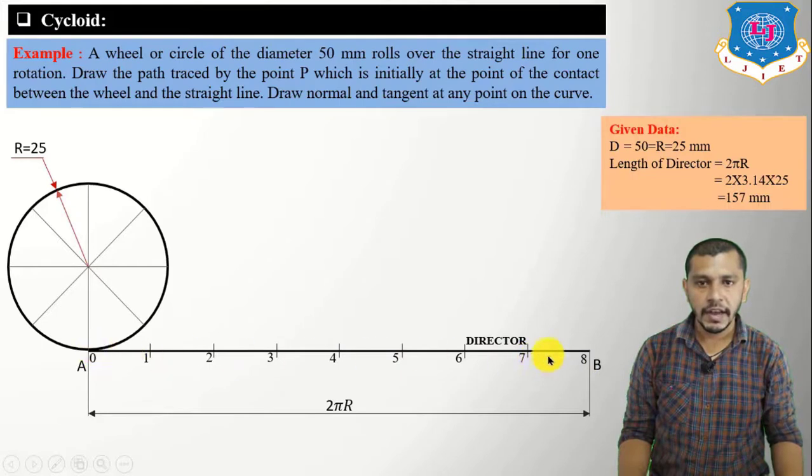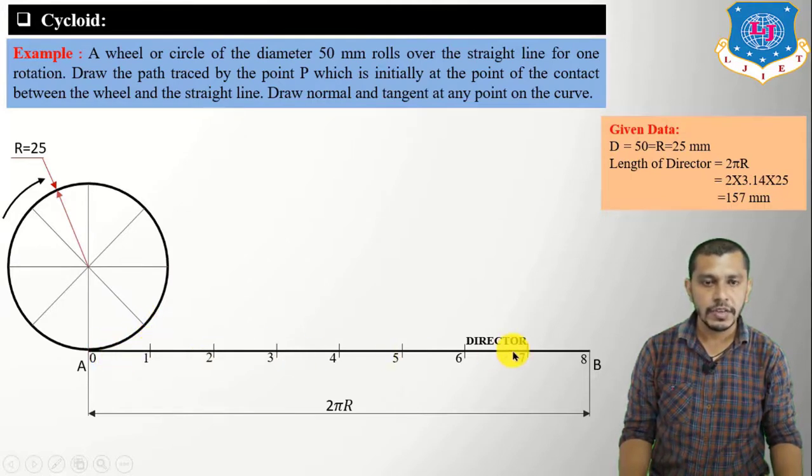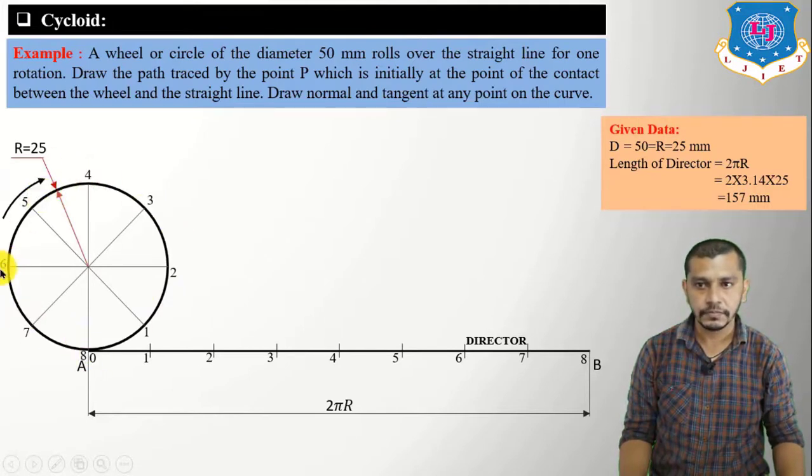Now the circle is going to be rolled in the clockwise direction on this path. The first division of the circle which is going to be in contact with the straight line path will be this point. So start the numbering from here: 1, 2, 3, 4, 5, 6, 7 and 8 in anti-clockwise direction.